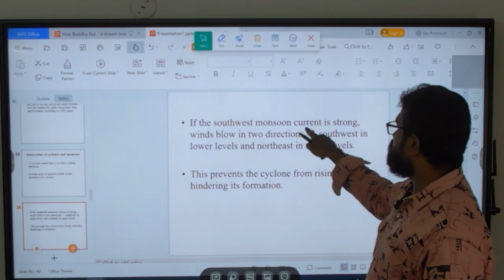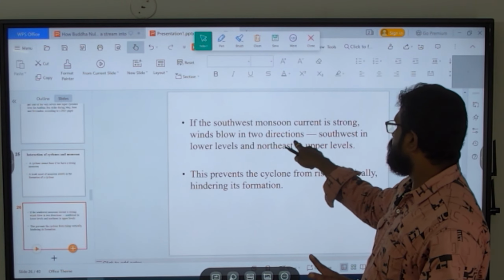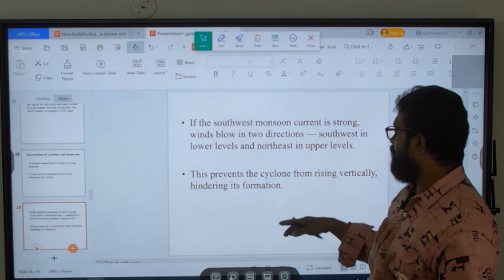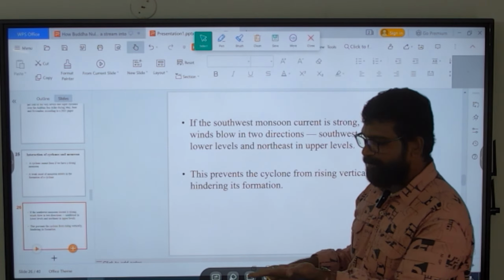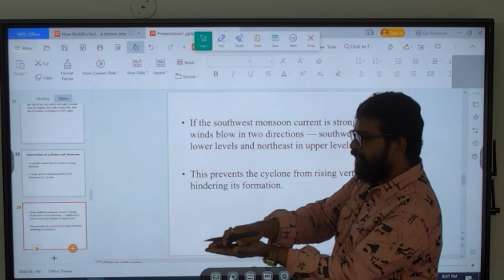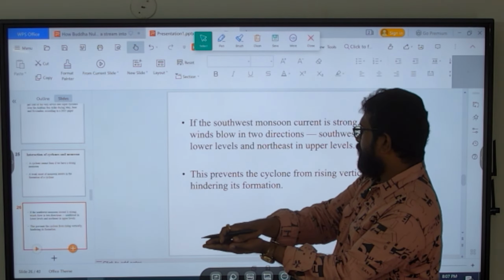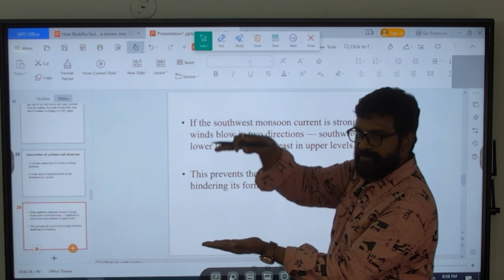And if the southwest monsoon current is strong, winds blow in two directions: southwest in the lower level and northeast in the upper level, right? This prevents the cyclone from rising vertically, hindering it. The cyclone rises its air in a vertical position like this, right?